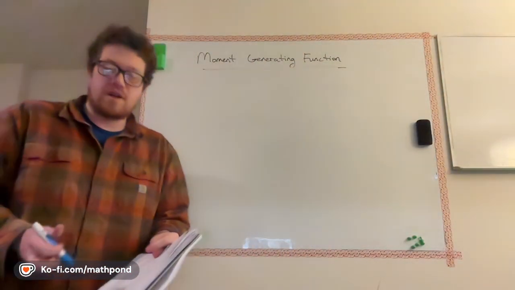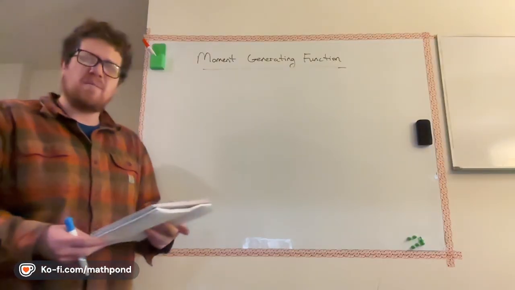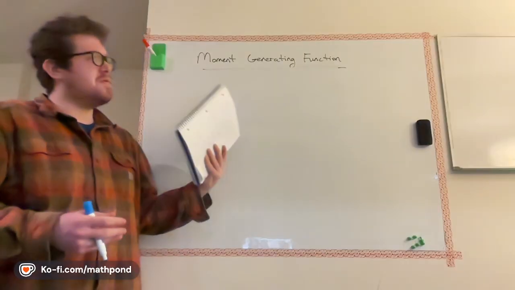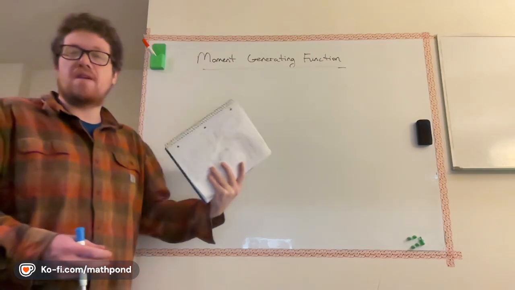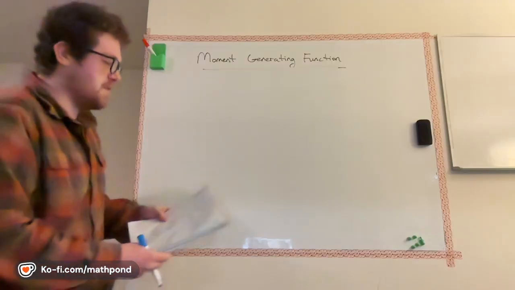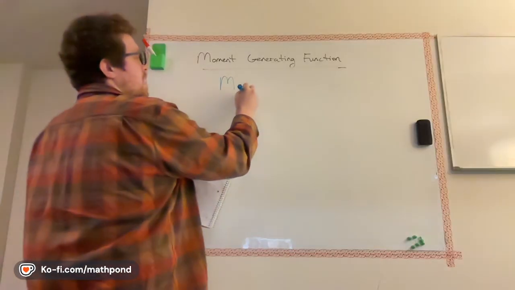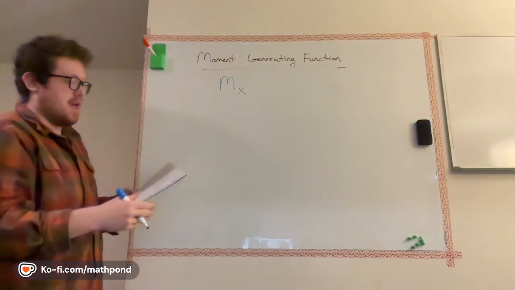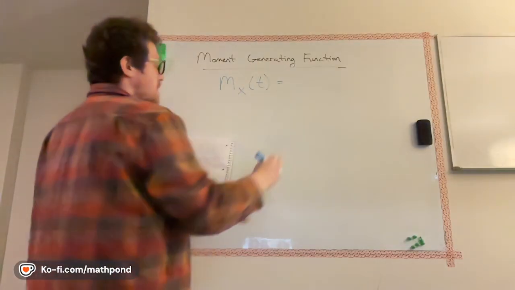So moment generating function, this is going to be a function of one variable. I think if there's multiple random variables, like a joint random variable, you could have it in multiple variables, but let's just keep it simple for now. So we have a random variable X, and we're going to say that the moment generating function is a function of t.